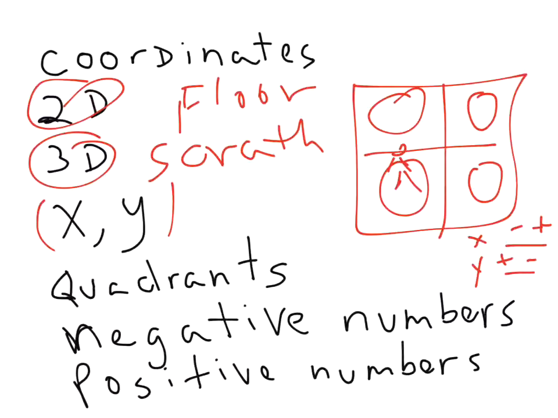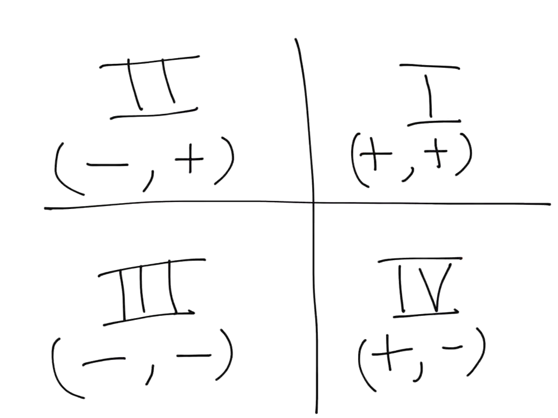So they're basically learning that as their sprite is moving, if it shows positive, positive, it's in this area. If it's negative, negative, it's in this area. If it's positive, negative, it's in this area, and negative, positive is in this area. That's what they're learning subconsciously. They're learning quadrants, and they're learning about positive numbers and negative numbers in the coordinate system.